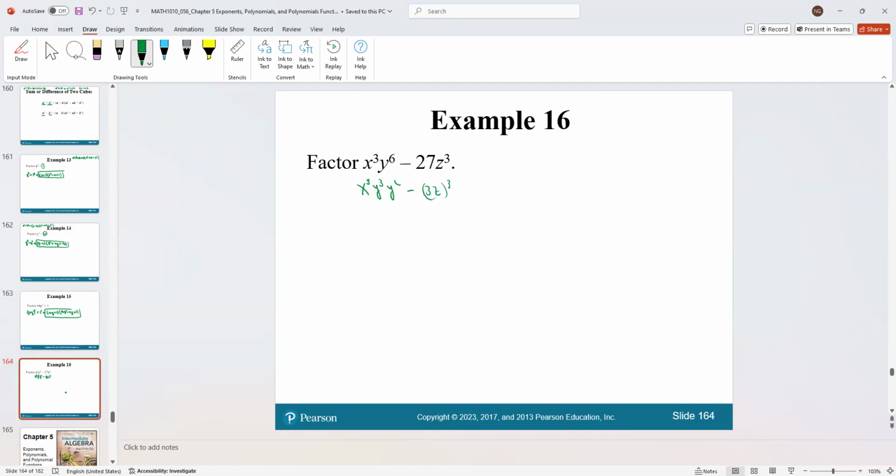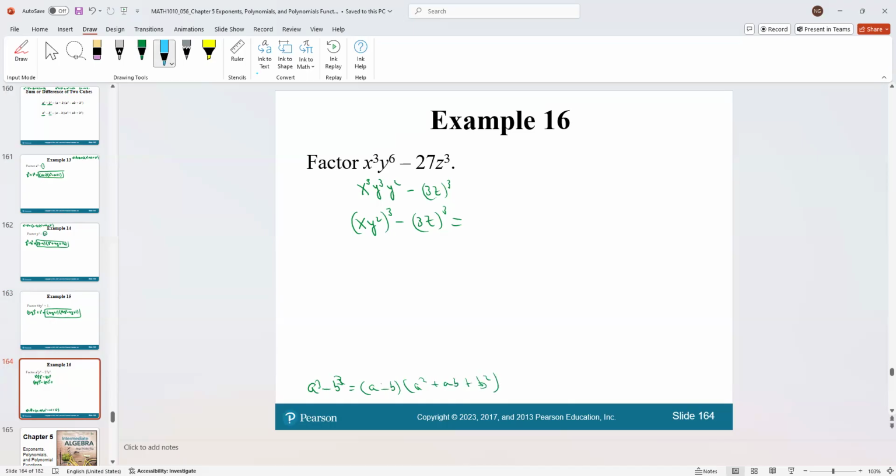So meaning, if I want to, I can state this one as xy squared, power 3, minus 3z power 3. If you agree like that, remember a cube minus b cube equals a minus b times a square plus ab plus b square.